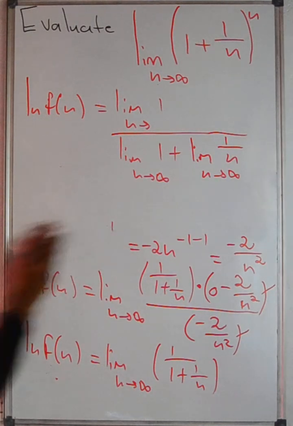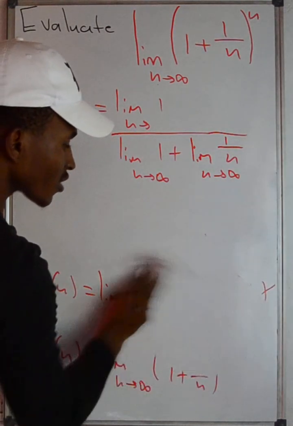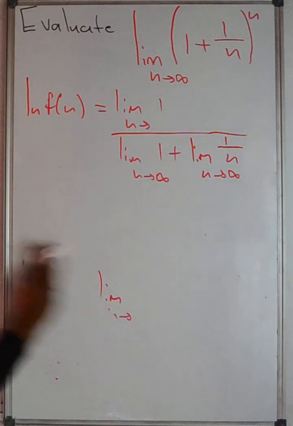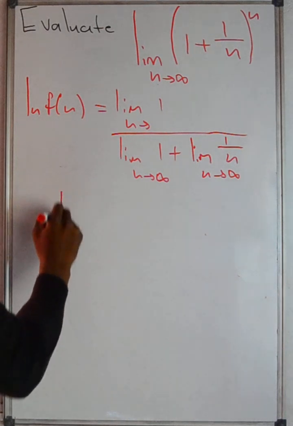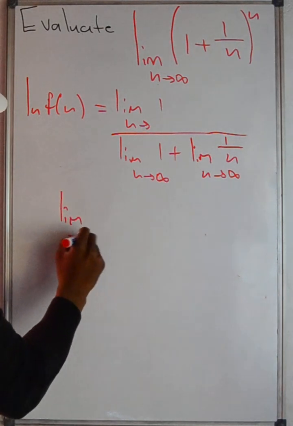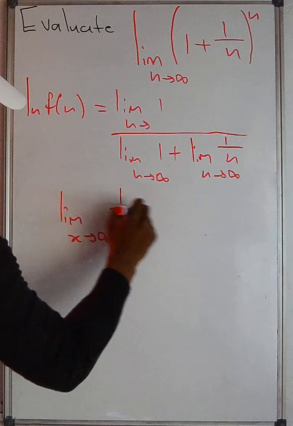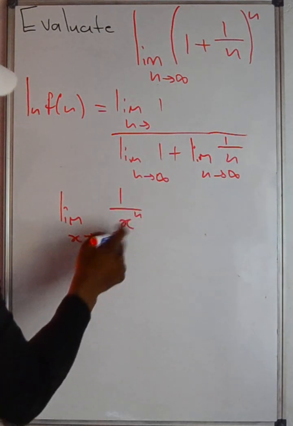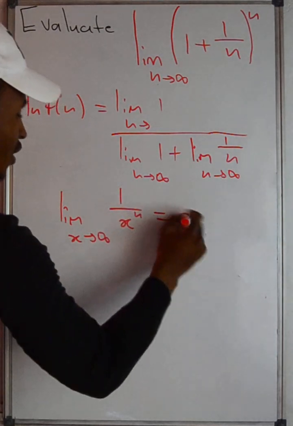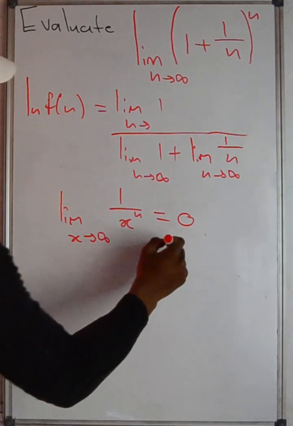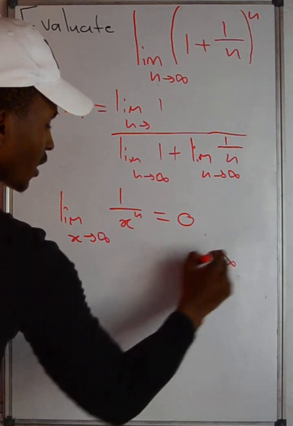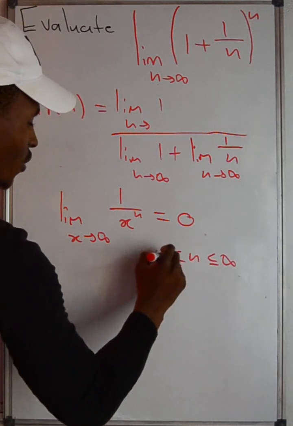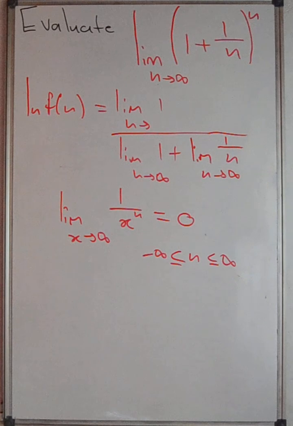So now listen very carefully, because that's where most people make the mistake. We already said that the limit of x approaching infinity of 1 over x to the power n, it doesn't matter the value of n, this will always give us 0, provided that n lies between negative infinity and positive infinity.